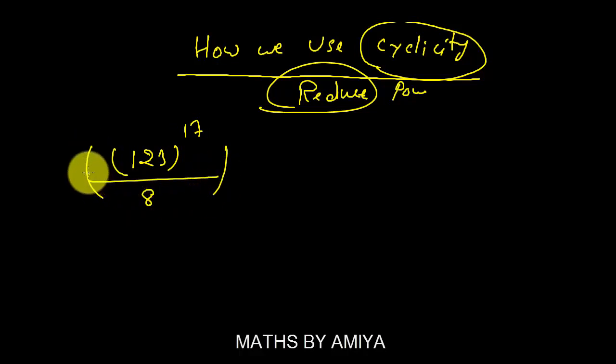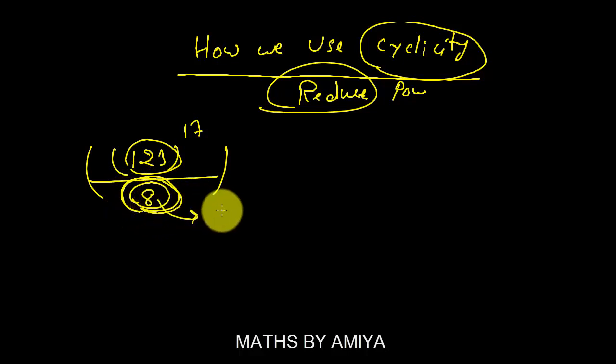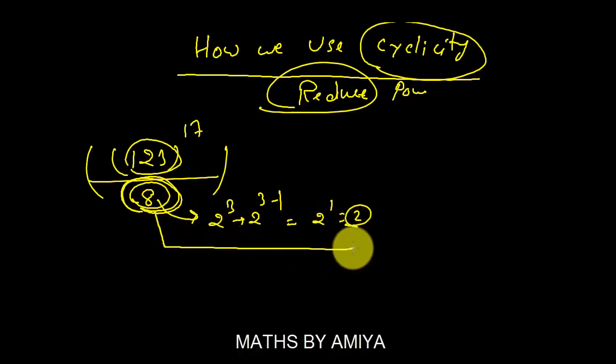When you have this type of question, whether the two numbers are co-prime or non-co-prime, first of all we check how many remainders are available for 8. That is nothing but the cyclicity. 2 cube is 2 to the 3 minus 1, so that is 2. The number of options available when any number is divided by 8, when these two are co-primes, is 2. We have only 2 options available.